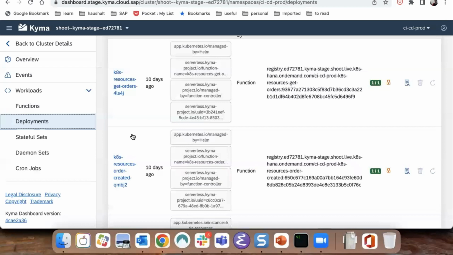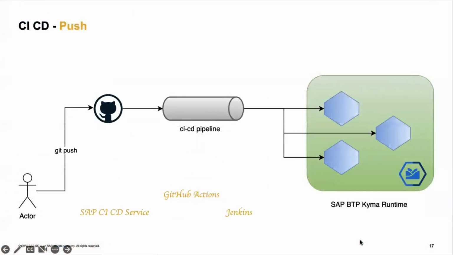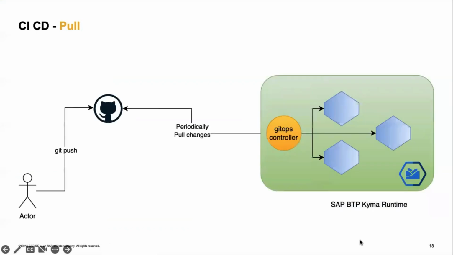And similarly, as an alternative, we also have something like a pull approach. So this kind of is something new. So if you've already heard about GitOps, you might know about this, but the whole idea is that in this case, as the name suggests, there is no pipeline that is pushing the changes to your runtime, but instead you are running a GitOps controller inside your Kubernetes cluster, and it knows about your GitHub repository, and periodically it is checking for any changes.